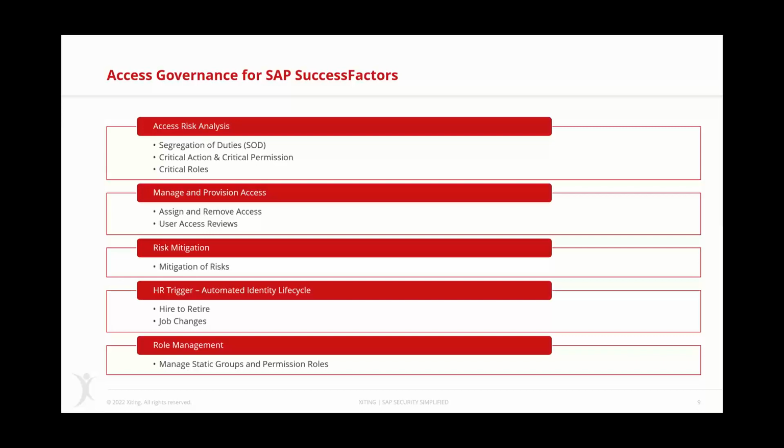And we're still talking the MSMP workflows, we're still talking BRF+ rules. We can route them wherever we want to route them to. So we still have all that flexibility that Access Control offers with those frameworks to manage those types of requests, whether they come from an HR trigger or whether they are started manually. It's the same way as it always has been. That's the nice thing about integrating SuccessFactors with Access Control.